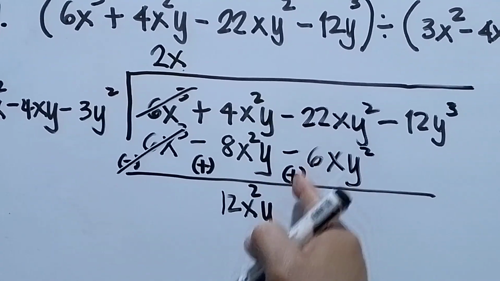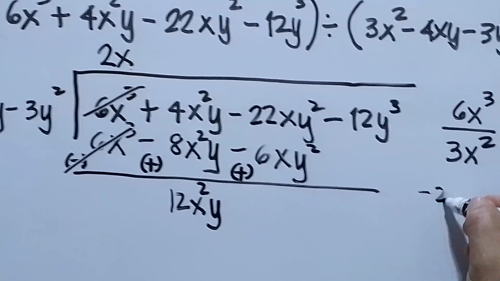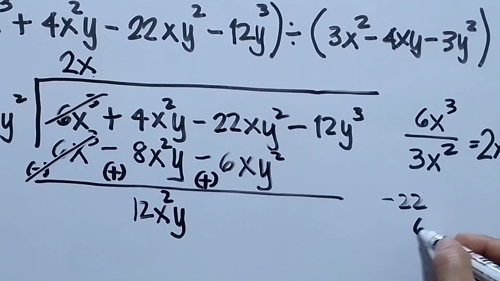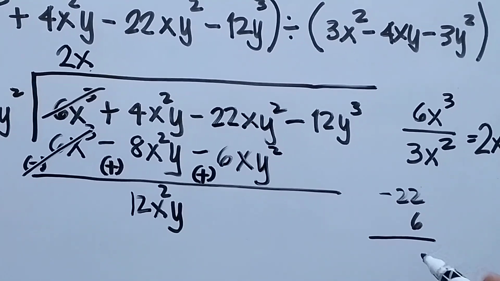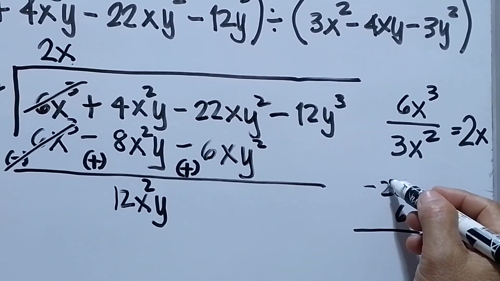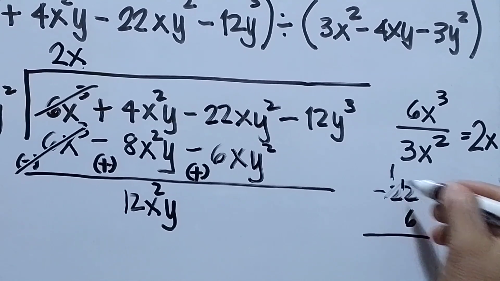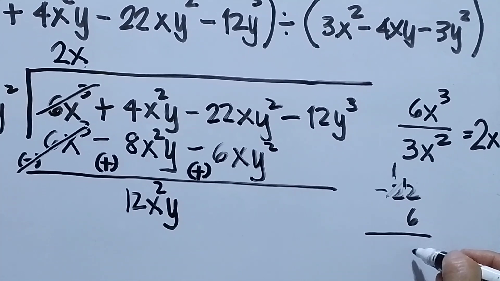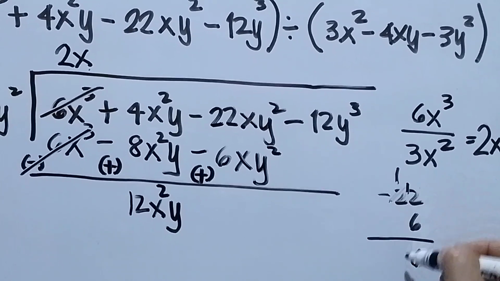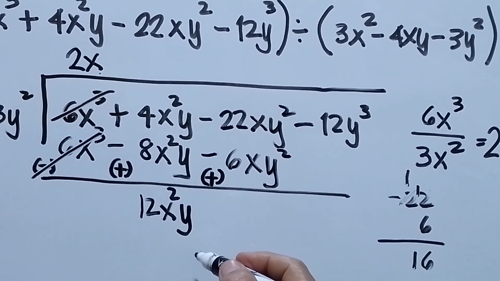Take note, negative 22 and this is 6. So negative 22 and then 6. Unlike signs, you need to subtract. You need to borrow in here. 1 and then this will be 12. 12 minus 6 is 6. Bring down 1. So what's the sign?